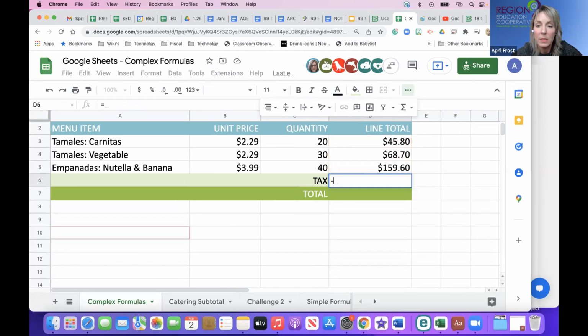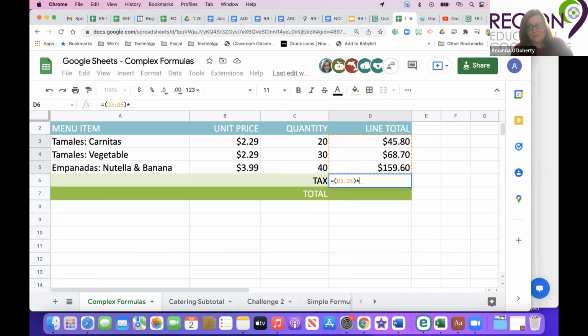Equal sign, parentheses, grabbing my three totals, another parentheses. Now what do I have? How do I multiply it to my, well, I just gave it away, multiply, which is an asterisk, right? And then my percentage 0.55. Let's see what we get.